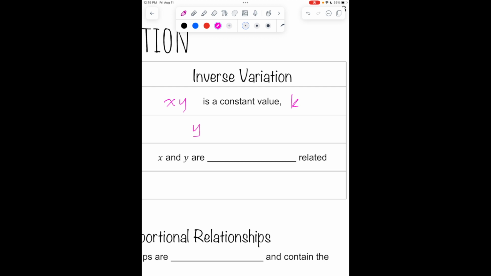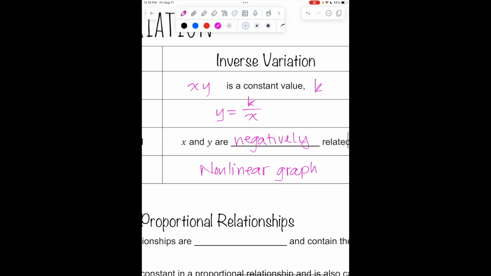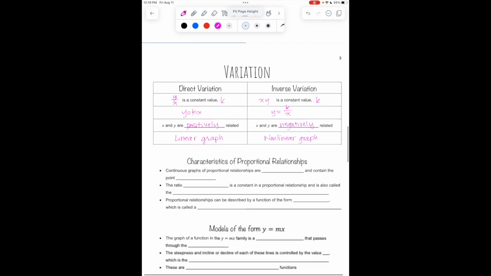But the equation is y equals k over x instead of k times x. X and y are negatively related, and it is a non-linear graph. So those are the two different types of variation. You can kind of see the difference between them.